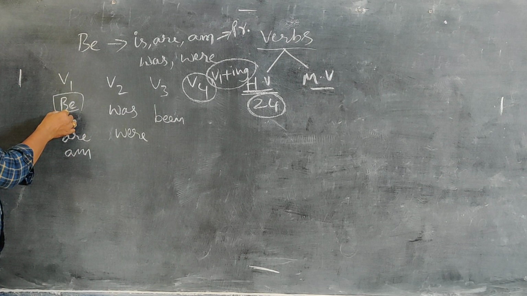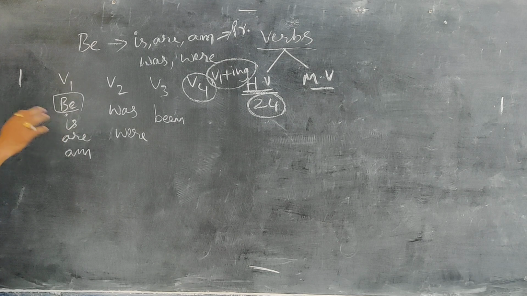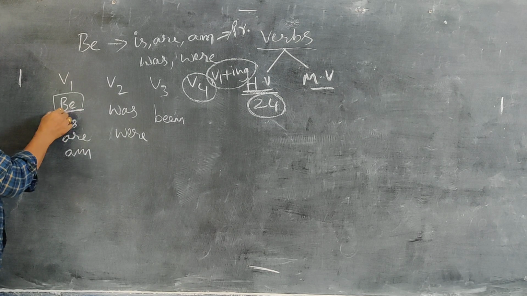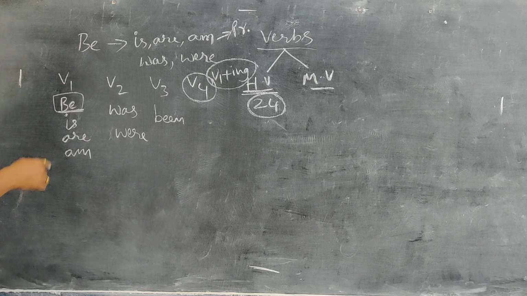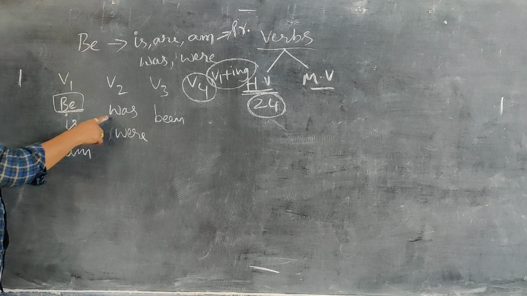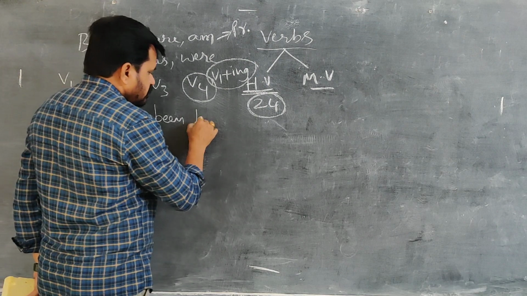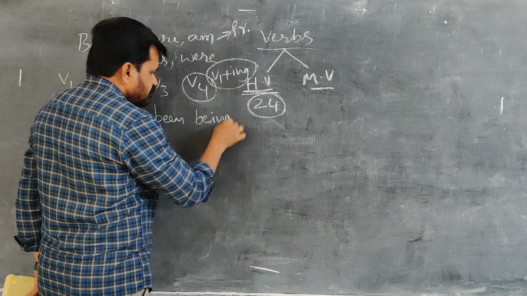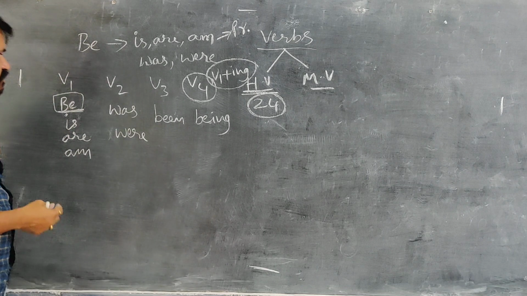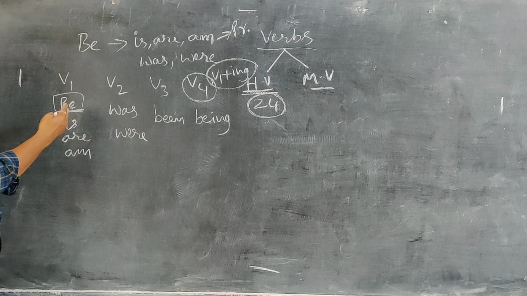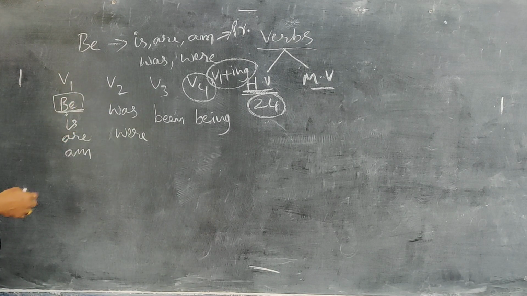That verb only is eligible to get this ing added. So be is the root form or base form of these verbs, so for be only we add ing. Then it becomes being. This is the formation of V1, V2, V3, V4 of be.